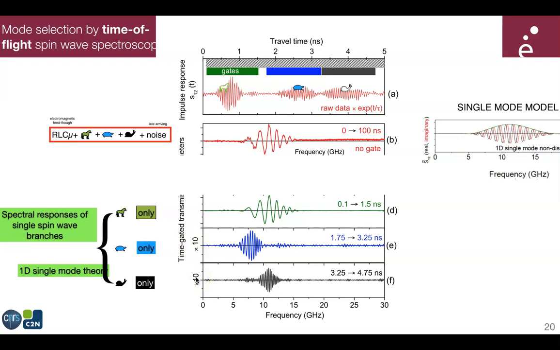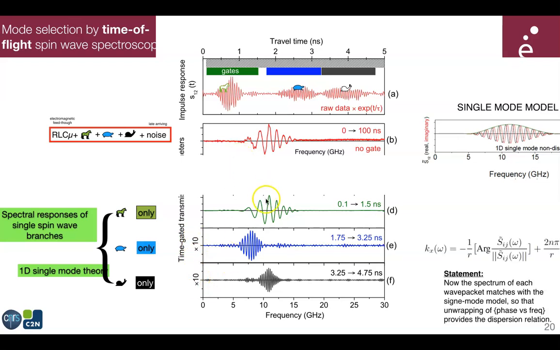And so for each of these velocity selective spectra, you can unwrap the phase of the transmission coefficient, get the wave vector, and have the dispersion relation for each of the families of spin waves. And this is, for instance, for the Damon-Eshbach family, not quantized in the film, or the first quantized level, versus wave vector.